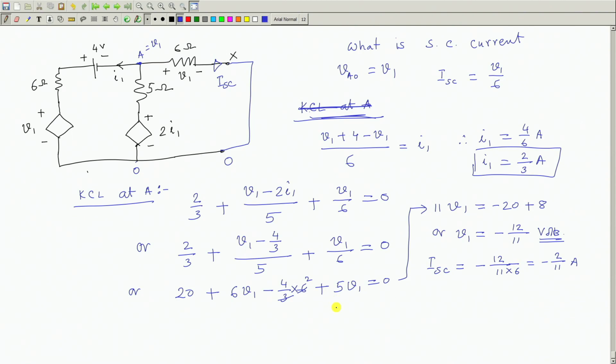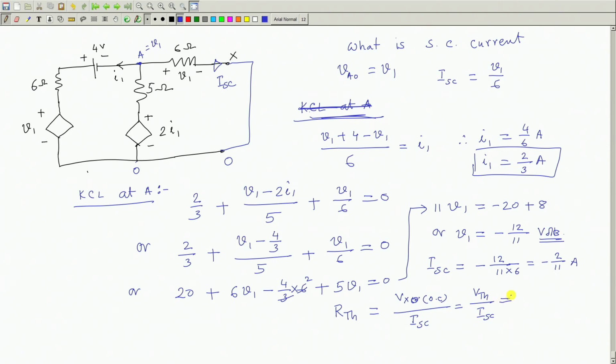Then R Thevenin's should be the open circuit voltage, that is Thevenin's voltage, divided by ISC.